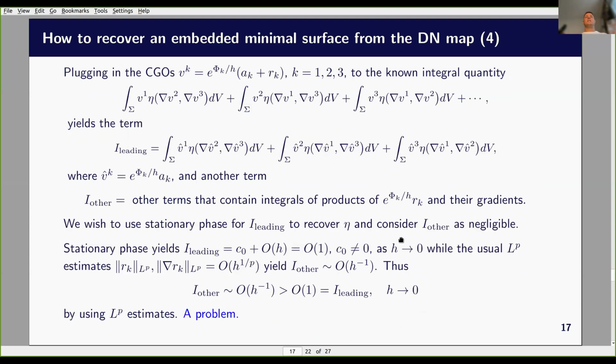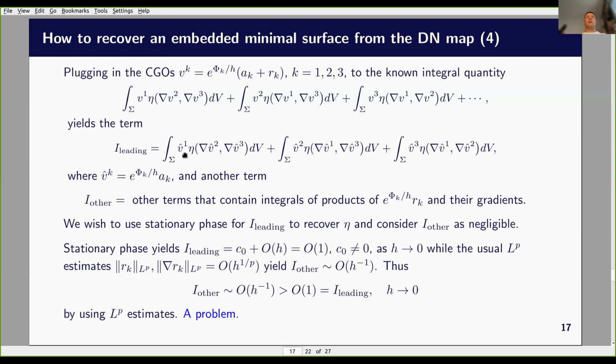So let's plug in these complex geometric optics solutions to the known integral quantity, this quantity of three guys. I know this quantity here, and I want to pick the eta from that. So I split this 3-component quantity into 2 terms.